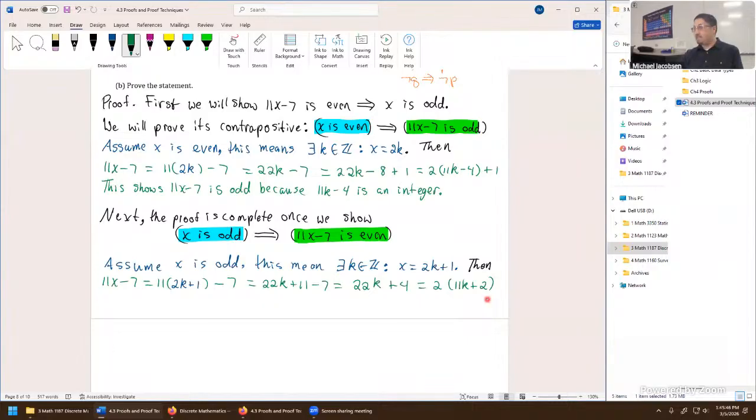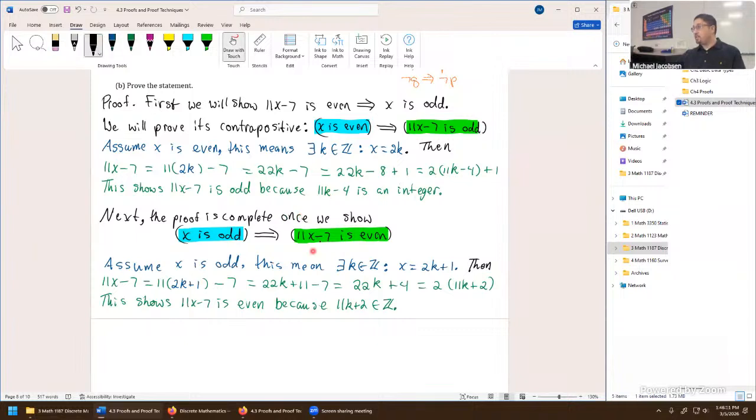We just have to say it. This shows 11x minus 7 is even because 11k plus 2 is in the set Z, or you could say the same language, is an integer, if you prefer.